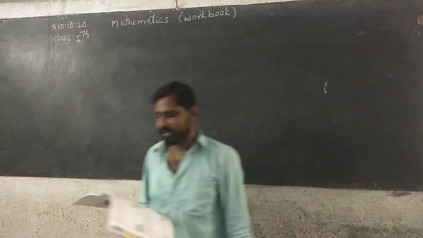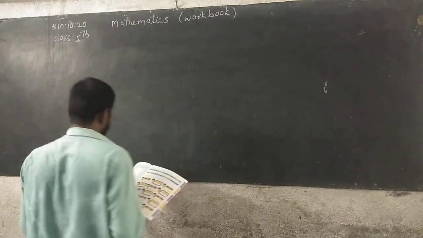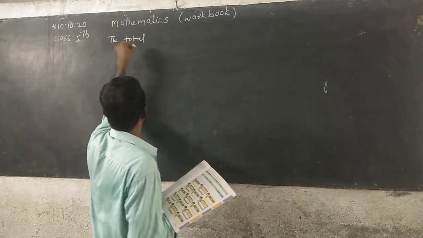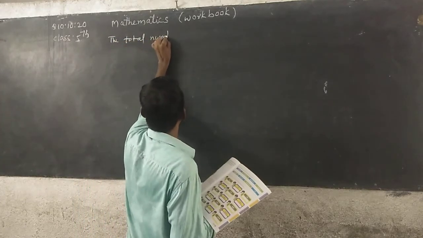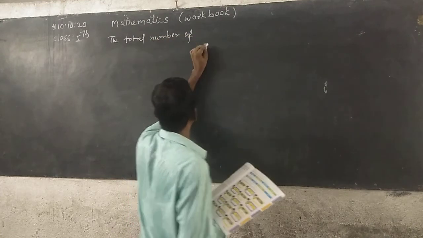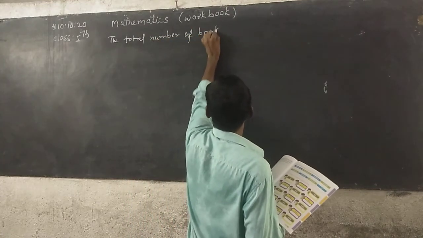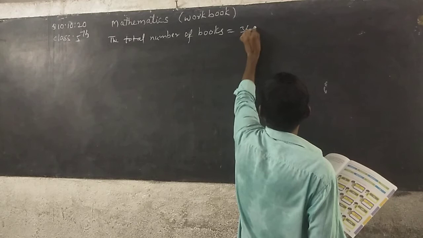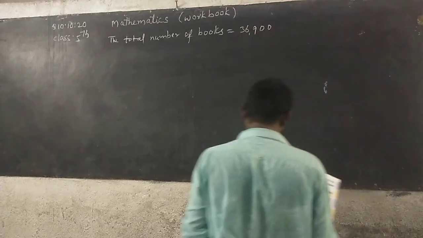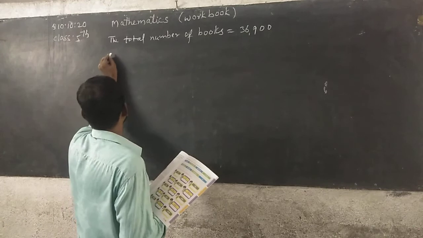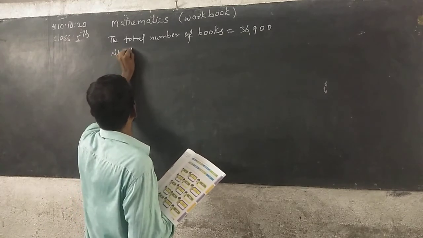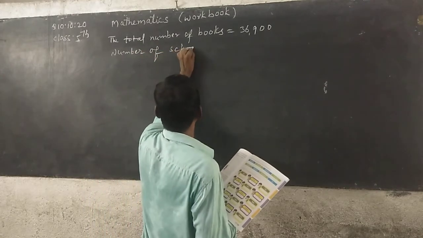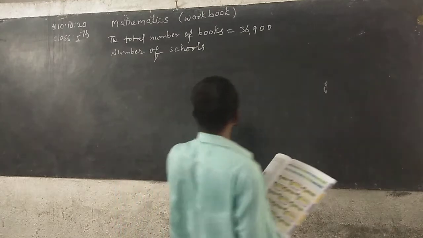See here, the total number of books is equal to 36,900. Number of schools is equal to 36.